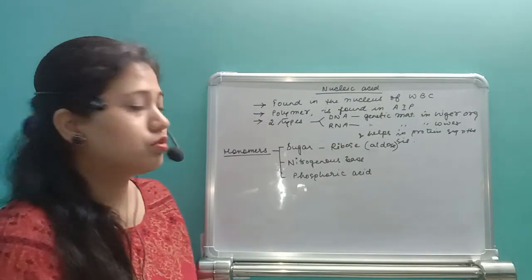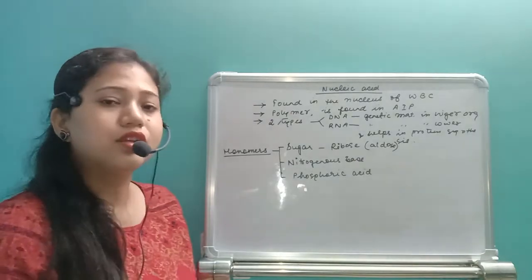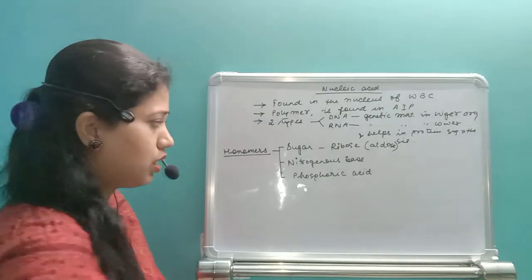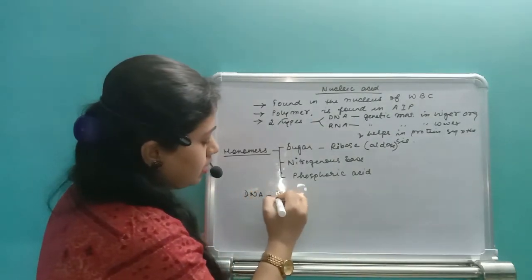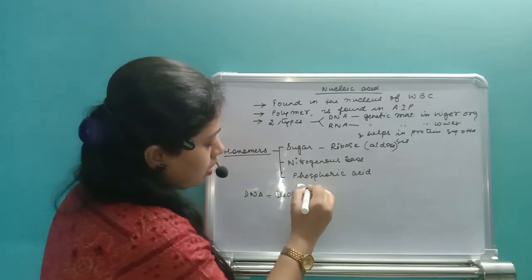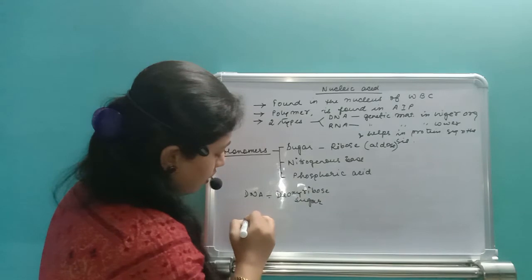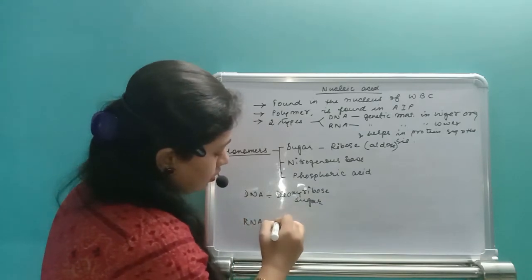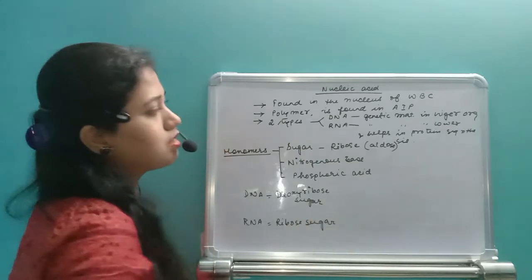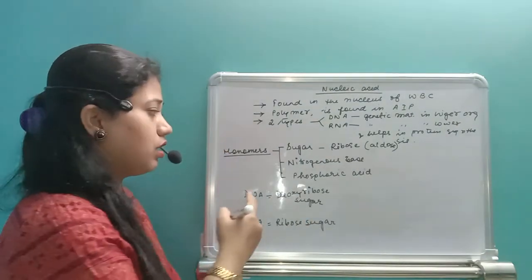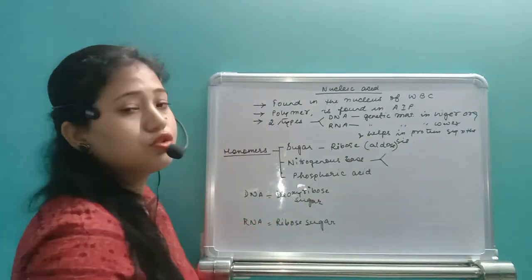Now, when it comes to the sugars in DNA and RNA, we have two different types of sugars. In DNA it is deoxyribose sugar. In case of RNA, it is ribose sugar. Second thing, nitrogenous bases are of two types.